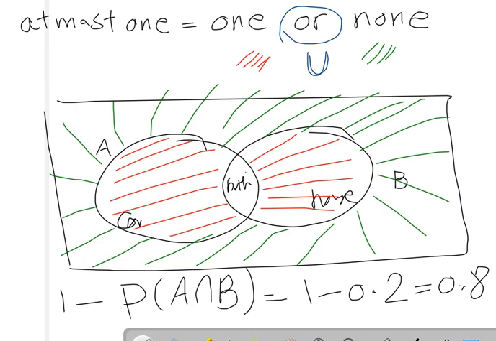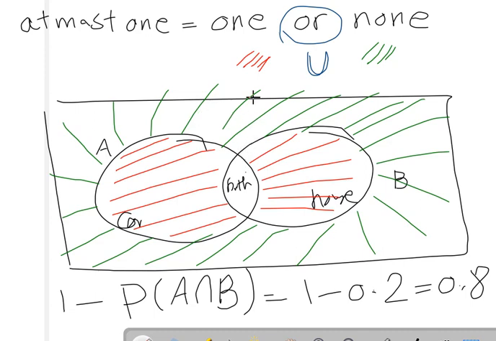We use proposition 2 to obtain the answer. So for at most 1, it means 1 or none of them, which means 1 minus both of them. So it is 1 minus 0.2, which is 0.8.